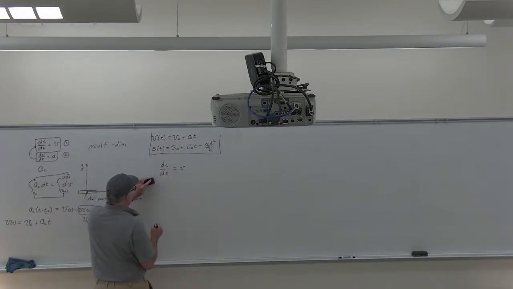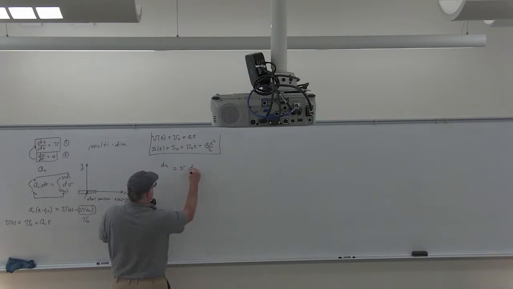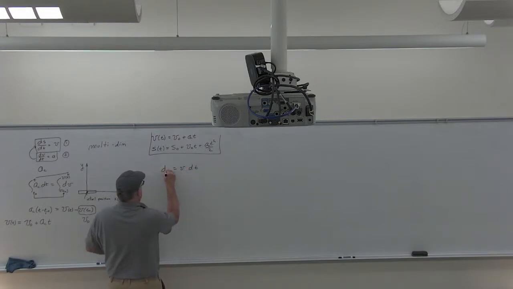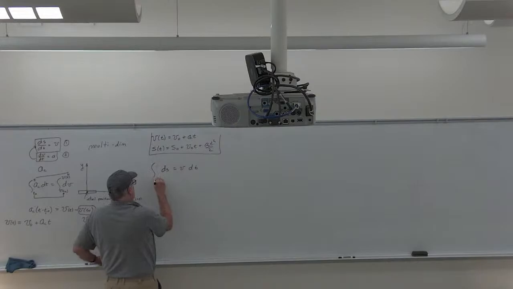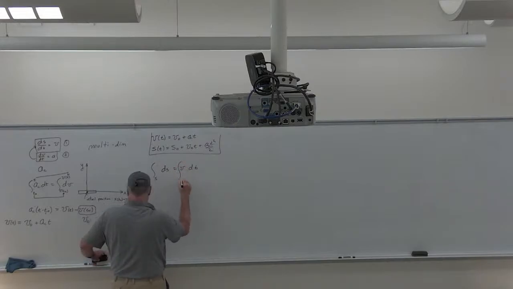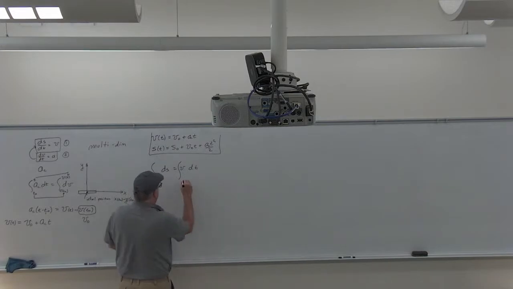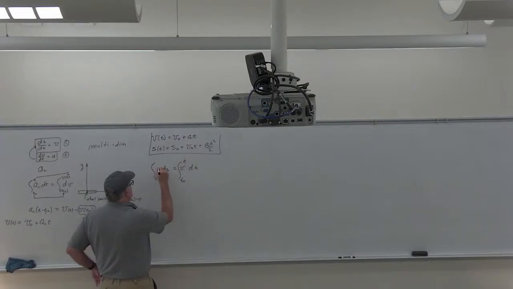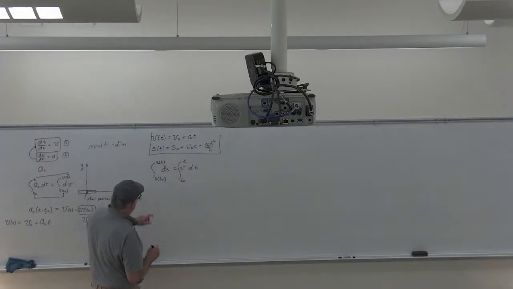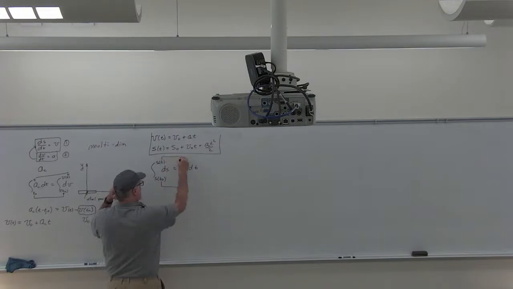But then what you did is you said, hey, I'm going to put the dt over here. And then I'm going to go from S, I'm going to keep it for right now, t0 to t. And I'm going to go from S at t0 to S at t. I'm being particular, I'm keeping this right now.